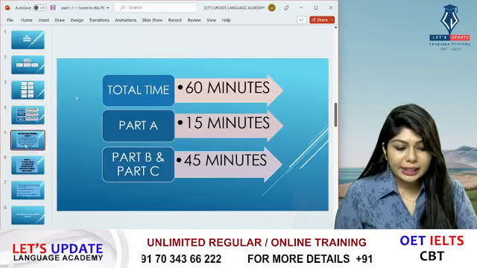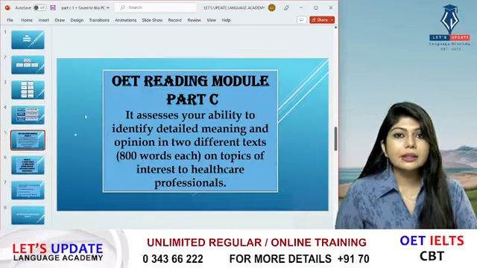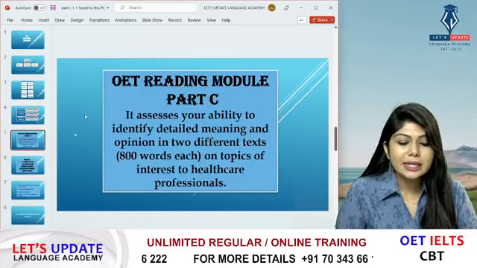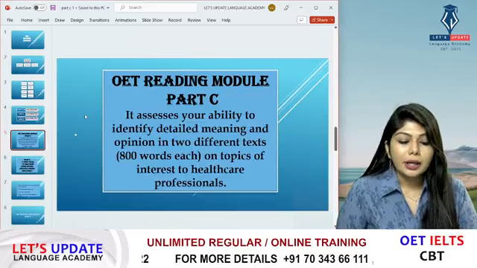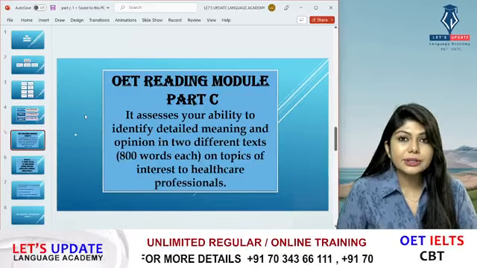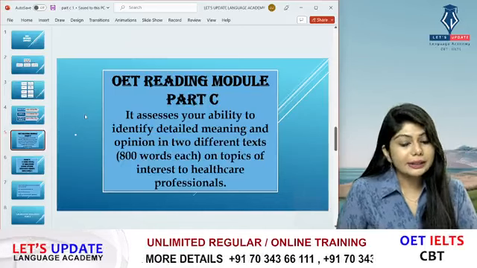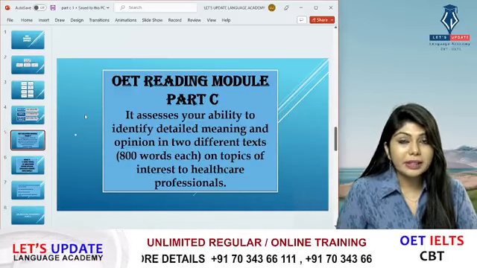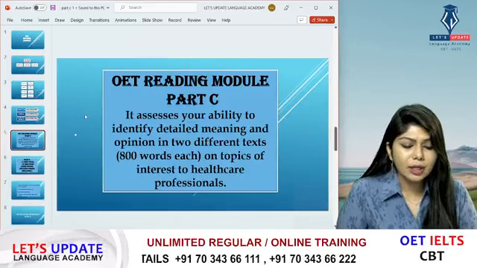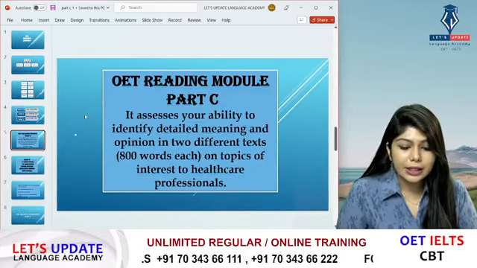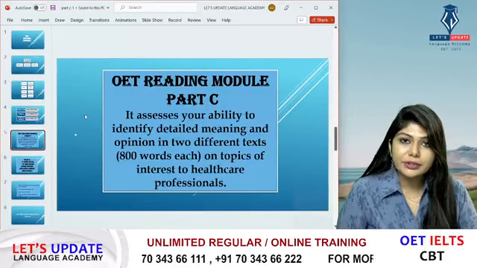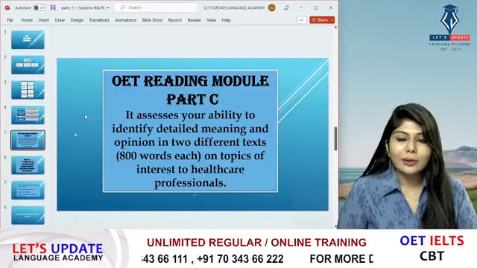Today we shall be discussing the Part C module of the reading subtest. Part C will assess your ability to identify detailed meaning and opinion in two different texts. Each text will be about 800 words and based on topics of interest to healthcare professionals.